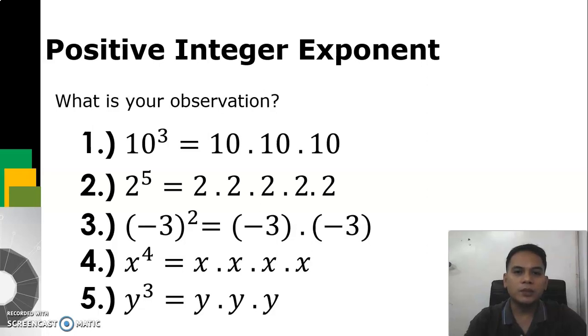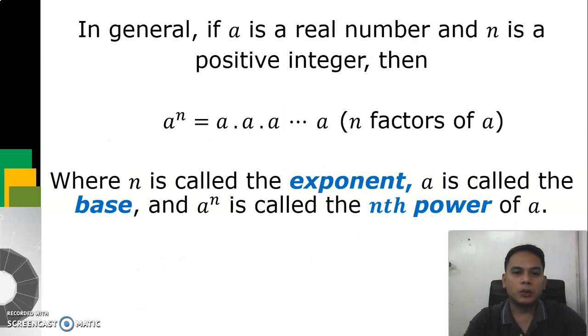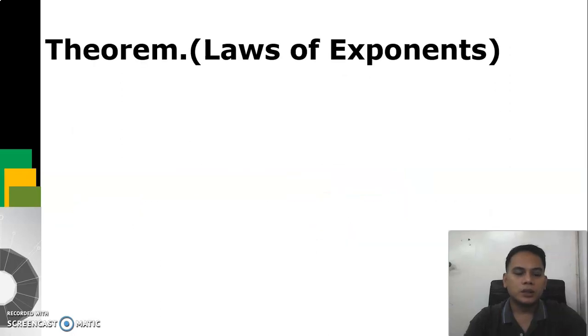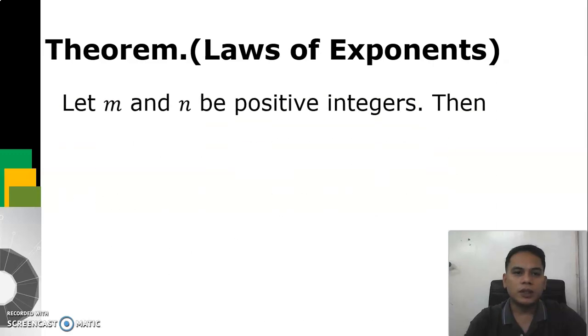So whatever the exponent is, that's the number of times you multiply the base by itself. Here n is called the exponent, a is called the base, and a to the n is called the nth power of a.